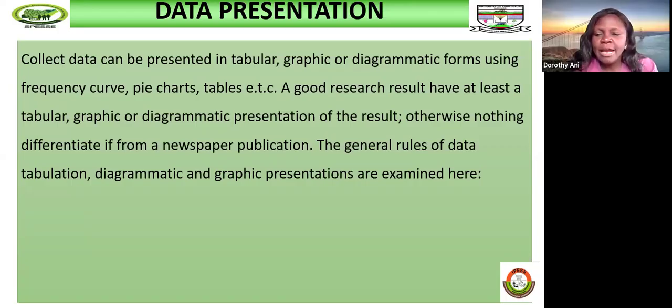Because if you just write without any table, any picture, any graph or any chart, it will just be as if you are casting news. If it's a research, you have to present them.